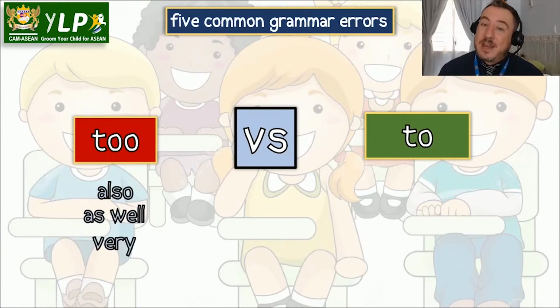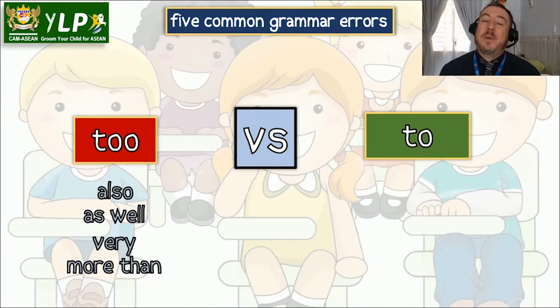It can mean very, and it can mean more than, for example, too much. That's what I mean by more than. We can say too much. And then we've got the green to, which in normal speaking we often just pronounce as t.